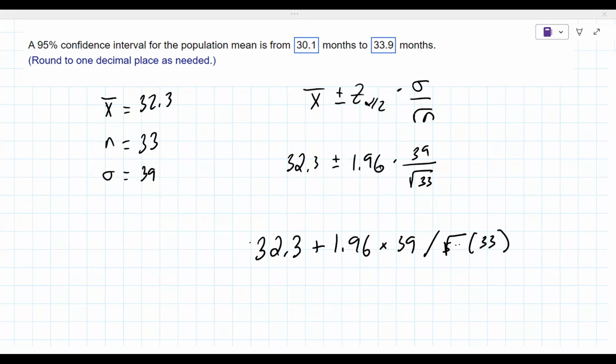Okay. And round it to one decimal place for me. Let me know what you get.